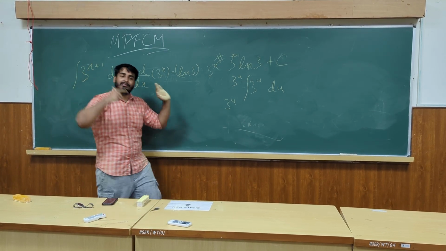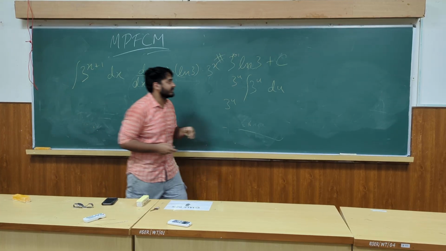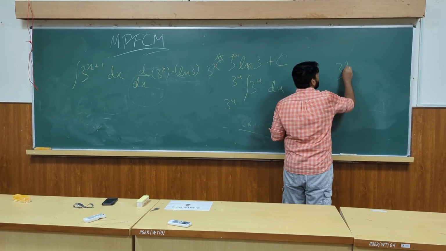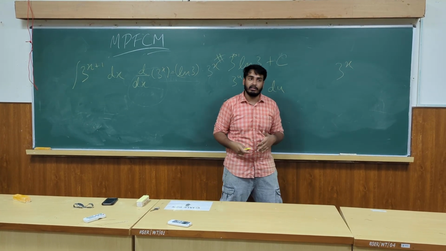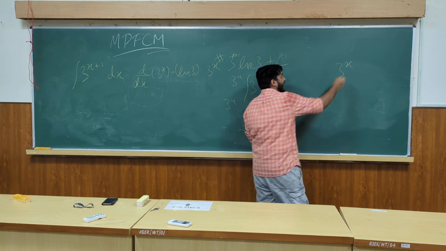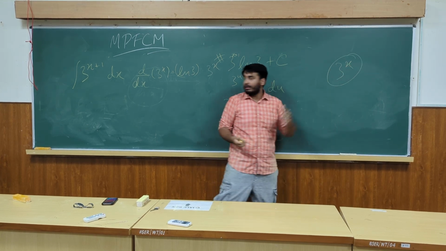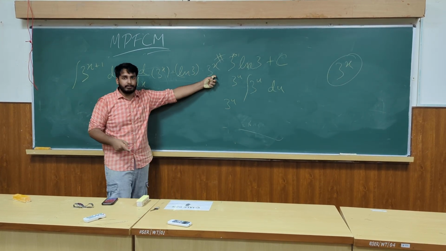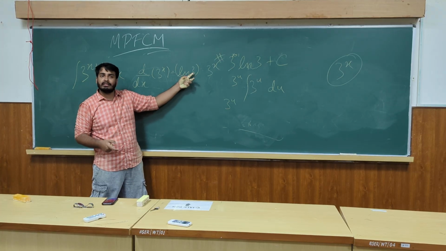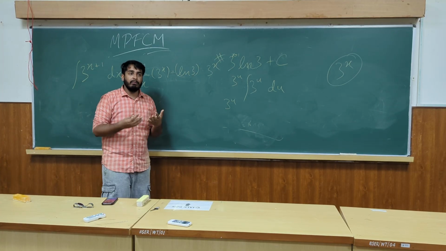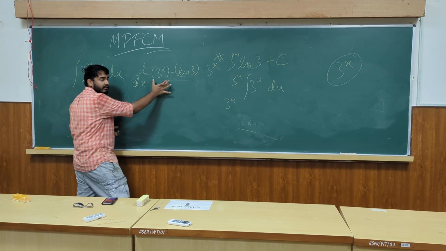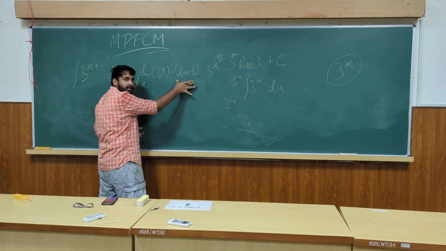But this is just a side practice. What I want is an expression which on differentiating gives me 3 raised to the power x. Here I get 3 raised to the power x, but this constant ln 3 is bugging me. But I remember that if I put a constant here, that constant may come out here as well.